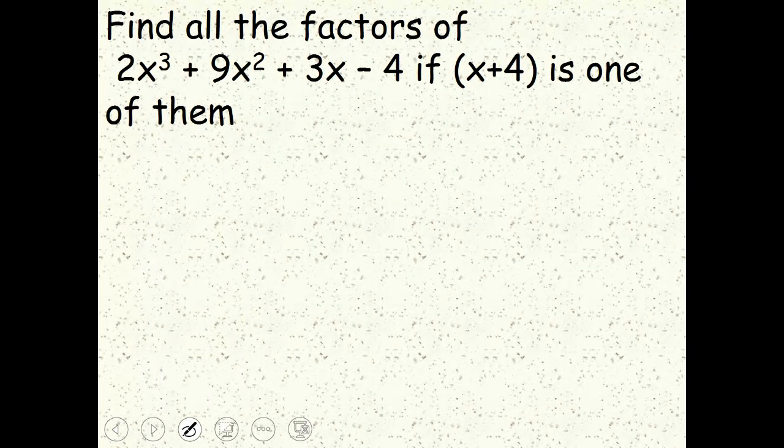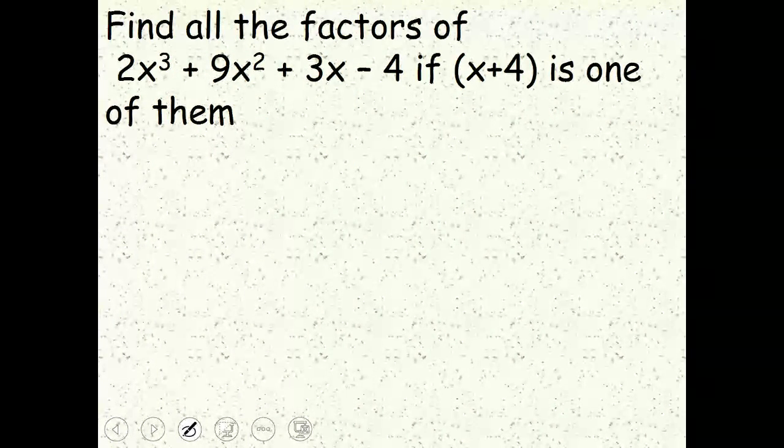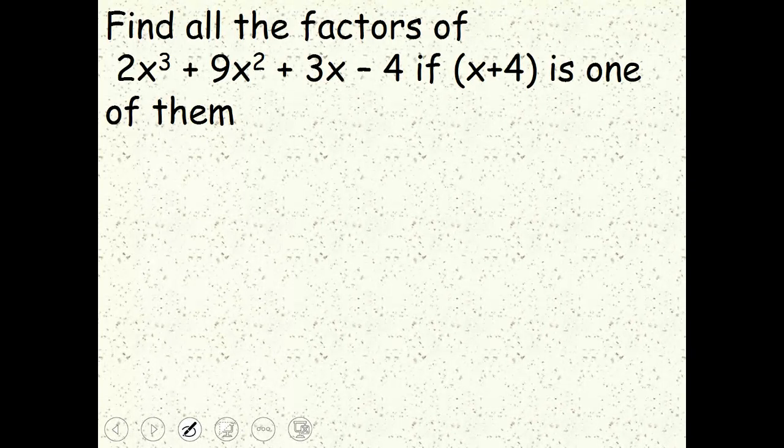So let's see, find all the factors of this thing, 2x to the third plus 9x squared plus 3x minus 4, if x plus 4 is one of the factors. Well, if it's one of the factors, let's go ahead and divide that thing out synthetically and figure out what's left over after you divide out x plus 4. Go ahead and do a synthetic division on that thing.